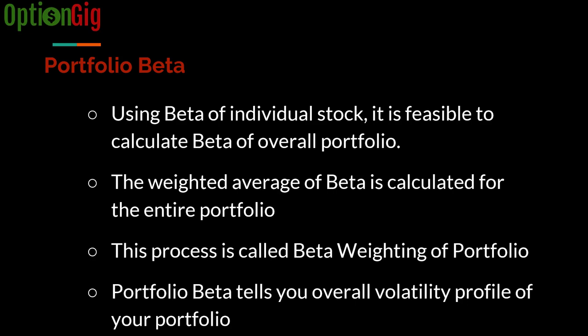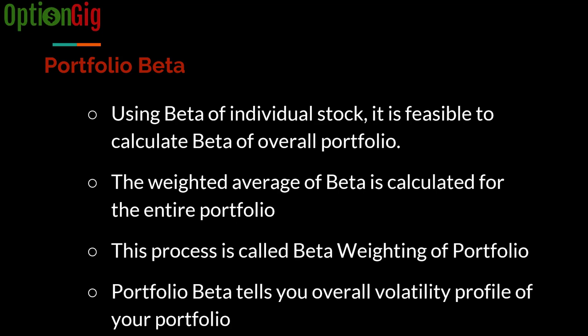Now, the weighted average beta is calculated for the entire portfolio because each of the stocks will contribute to the overall portfolio beta based on its weight, that is, its total value as compared to your portfolio value. So that is why you should take a weighted average of beta. This process is called beta weighting of a portfolio.